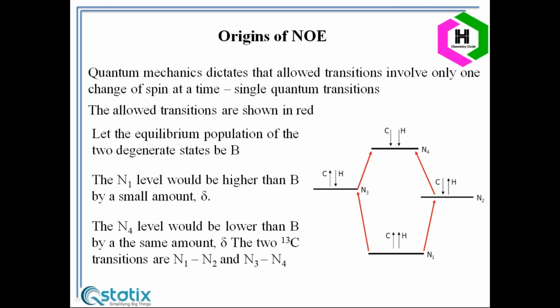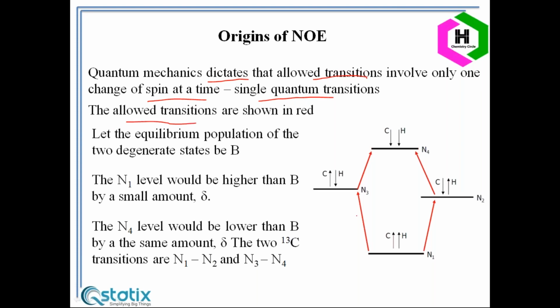The origin of this NOE can be explained using quantum mechanics. Quantum mechanics dictates which transitions are allowed: only one spin changes at a time. These single quantum transitions are the allowed transitions.